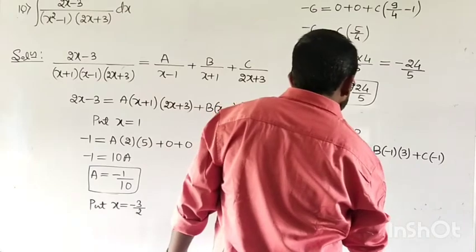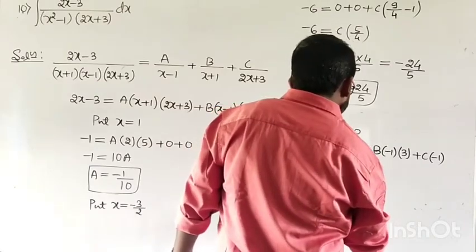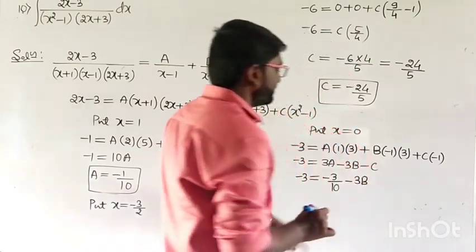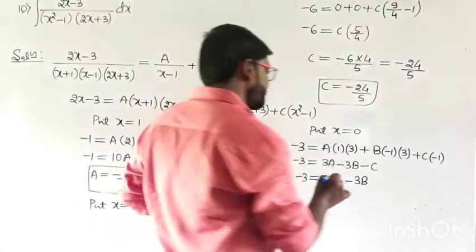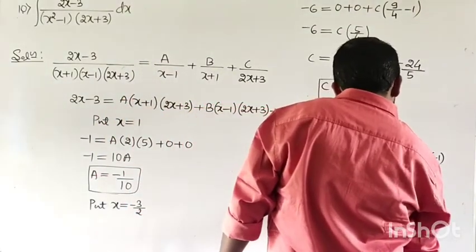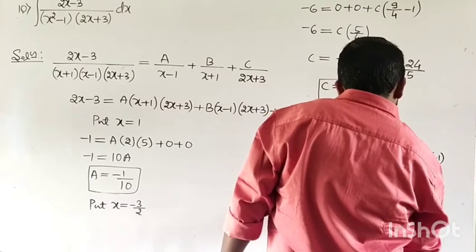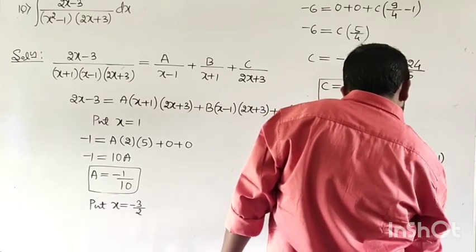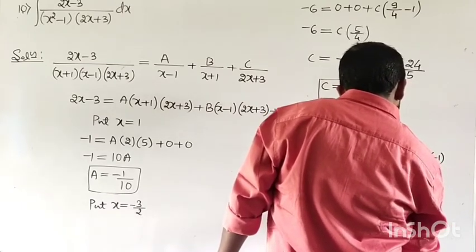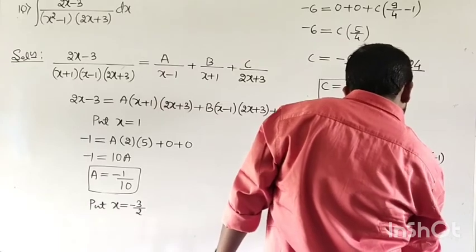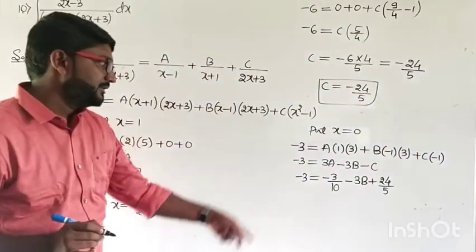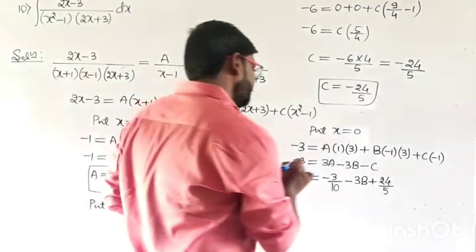Then minus 3B, I write it as it is. Then minus C, minus into minus becomes plus 24 divided by 5. So now we have to simplify this term.